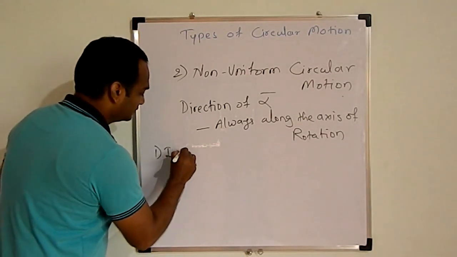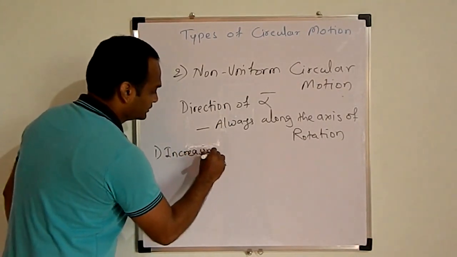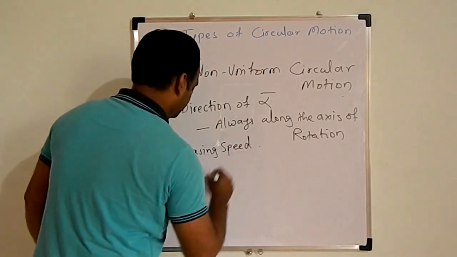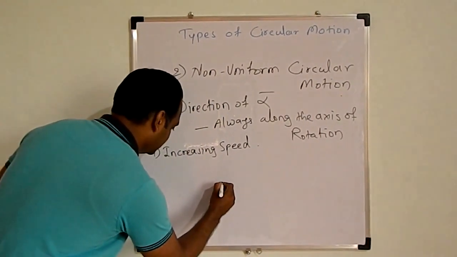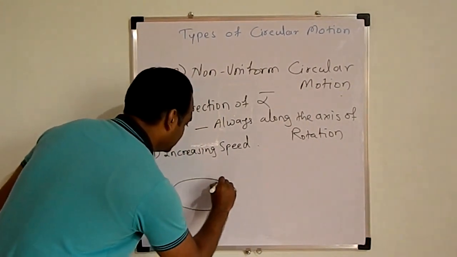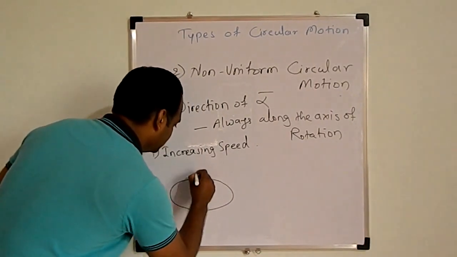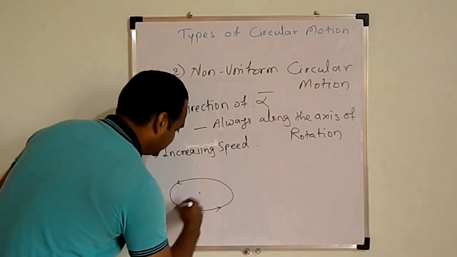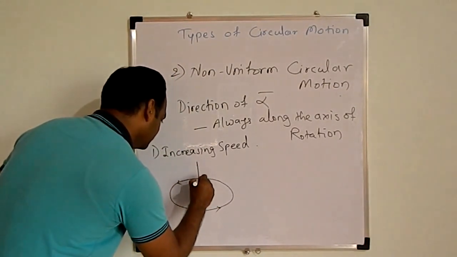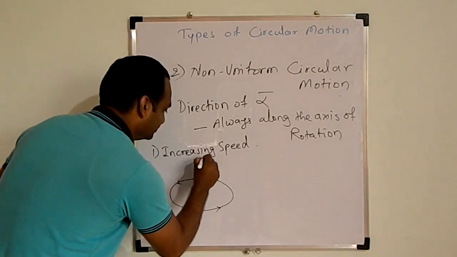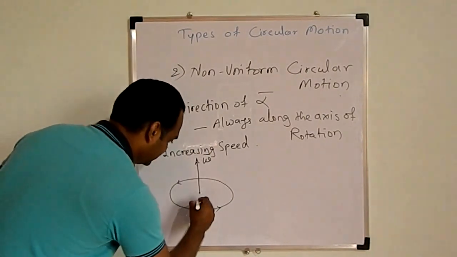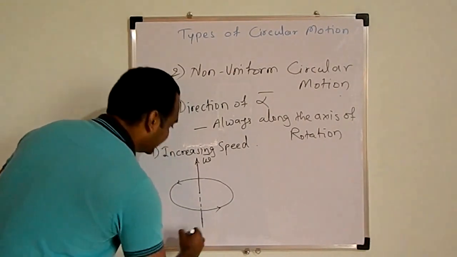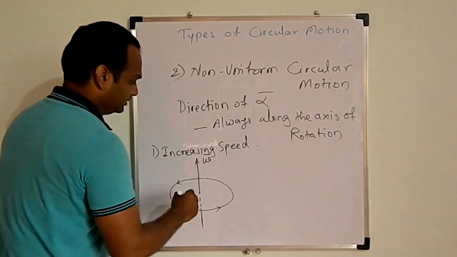When the speed is increasing, for anticlockwise direction the omega bar is in upward direction, according to the right hand thumb rule.